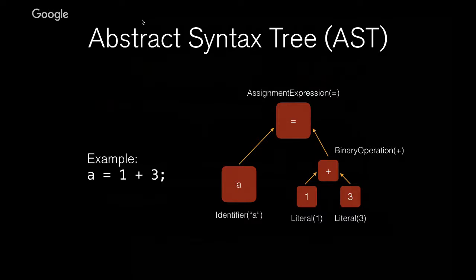So for this very, very, very simple example, where we assign the sum of 1 plus 3 to a variable a, we can see it as a tree with a couple of literals with values 1 and 3 participating as left and right operands in a binary operation. And all that expression is assigned to the identifier a.